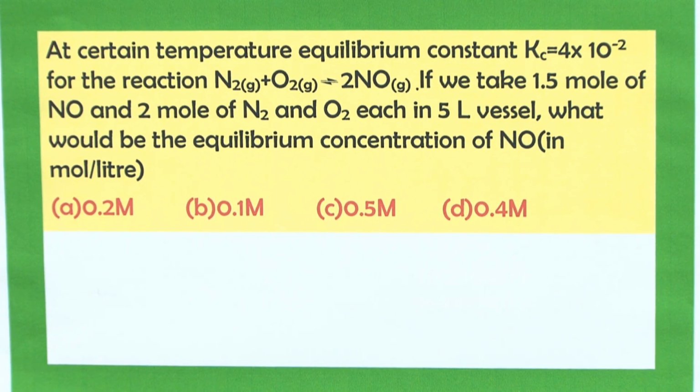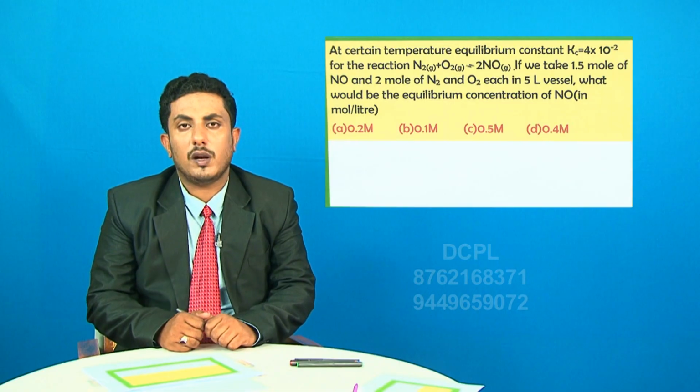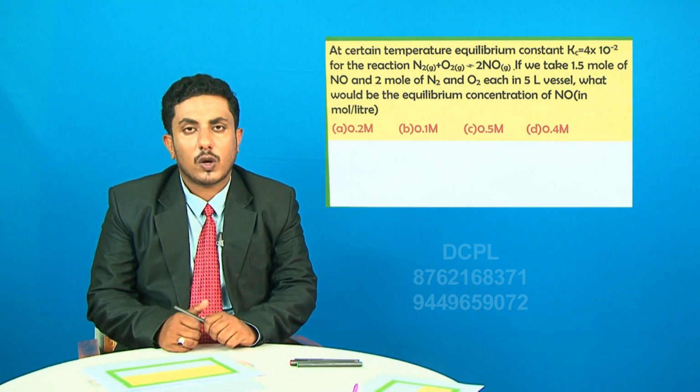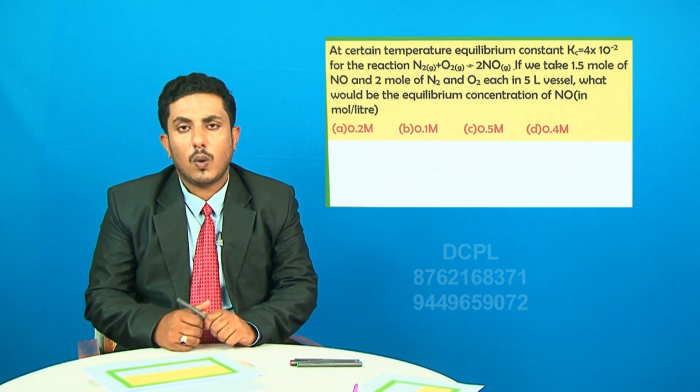Why do we need to find these things? In the last problem we didn't find whether the reaction is in the forward or backward direction. Why? Because here they have taken reactant as well as products, so we need to find the direction of the reaction. How to find the direction of the reaction? The direction of the reaction can be determined by calculating the Qc value, I mean the reaction quotient. Now, what is Qc?